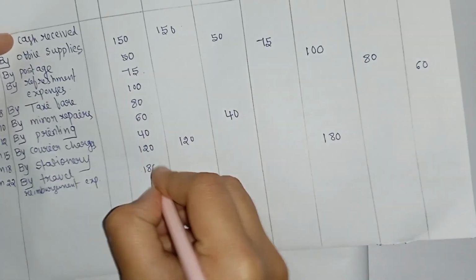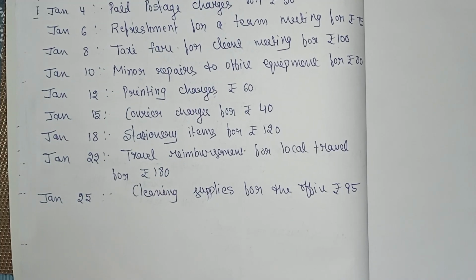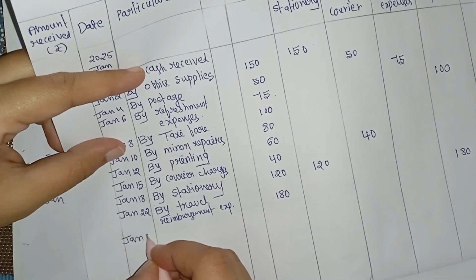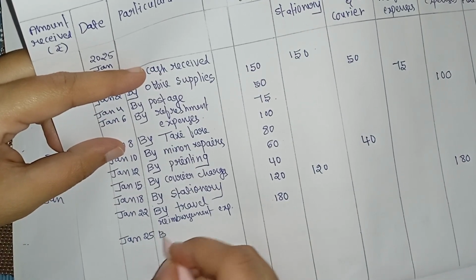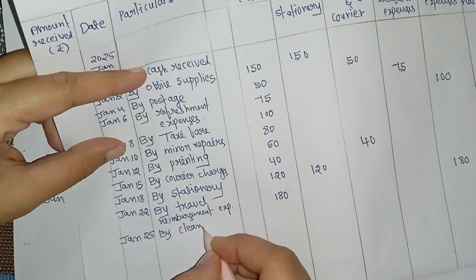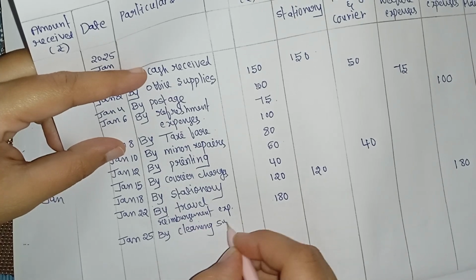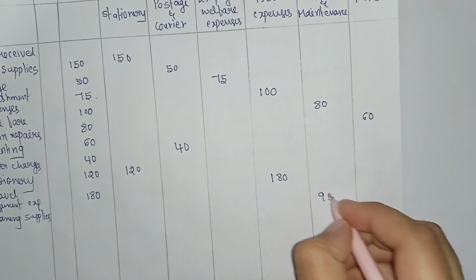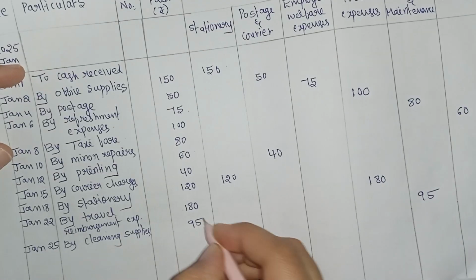Total amount 180. Next one, cleaning supplies for the office rupees 95. January 25, by cleaning supplies, rupees 95, under repairs and maintenance rupees 95, total amount paid 95.